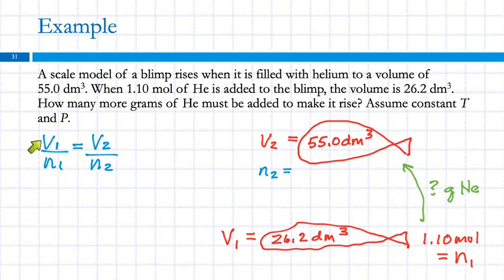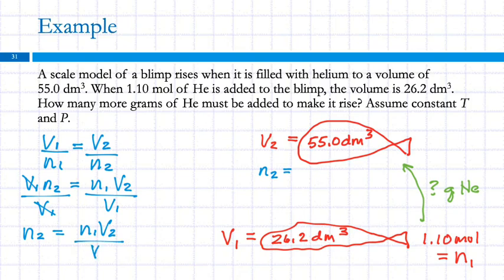So let's cross multiply this to get rid of the fractions. V1 N2 is equal to N1 V2. I'm solving for N2, so I'm going to divide by V1, divide by V1. So there's my rearranged equation, and I'm going to put my numbers in here. N1 is 1.10 moles.